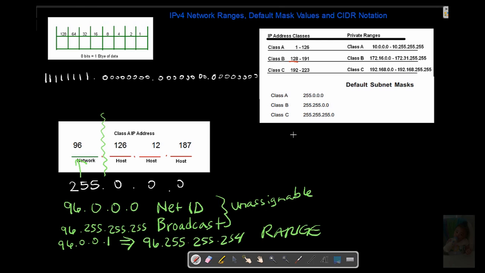Well, let's do the math and figure out what we're looking at. This octet, we're saying we can have 256 here. We can use 256 here.